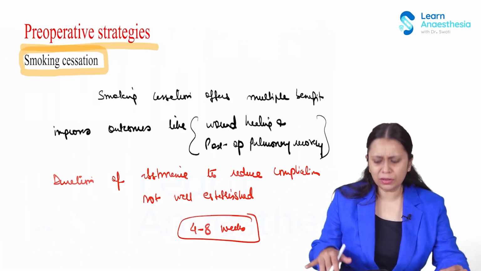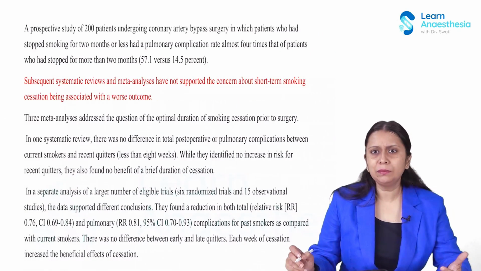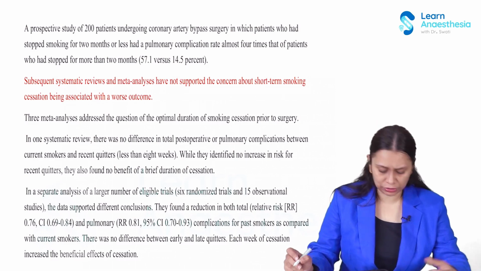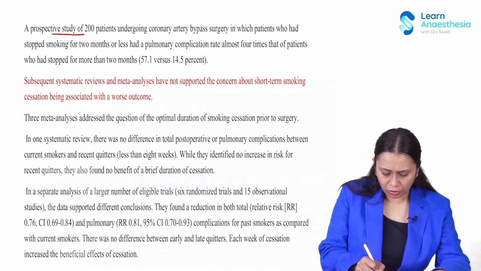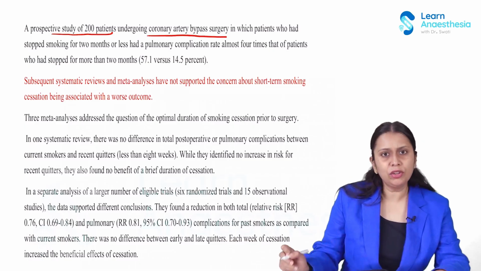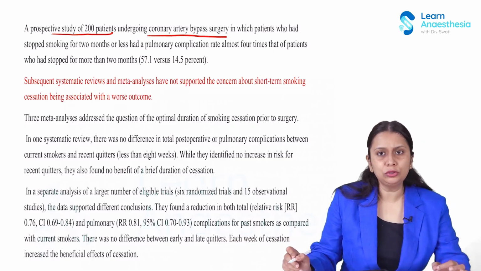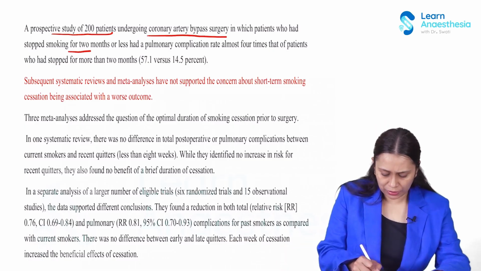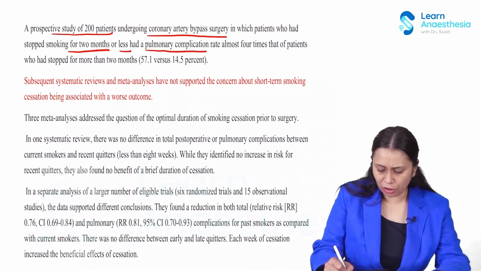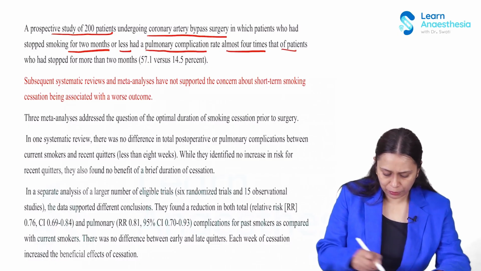This clinical question came out as a result of one trial, a prospective study on 200 patients undergoing CABG surgery, in which patients who were asked to stop smoking for 2 months or less had a pulmonary complication rate almost 4 times that of patients who had stopped for more than 2 months.